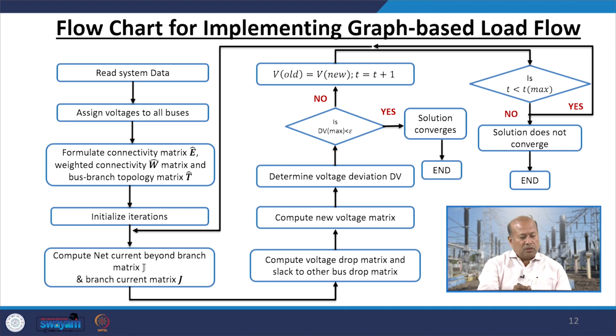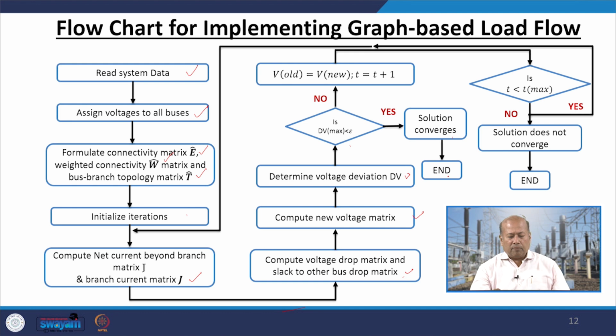Let us go slowly: read system data, assign voltage for all the buses, calculate the connectivity matrix E, weighted connectivity matrix W, and bus branch topology matrix T. Initialize the iteration, and then compute the net current beyond branch matrix and the branch current matrix J. Then compute the voltage drop matrix and the slack to other bus drop matrix, compute the new voltage, and determine the voltage deviation delta V. If delta V is less than the epsilon tolerance value, and if yes, then the solution converges and you come to an end.